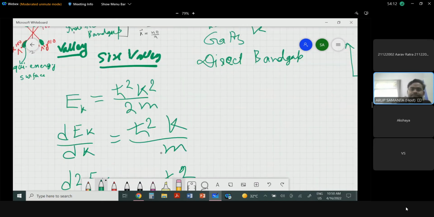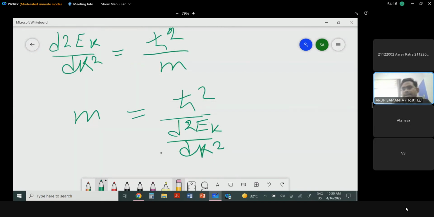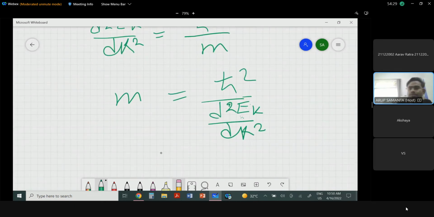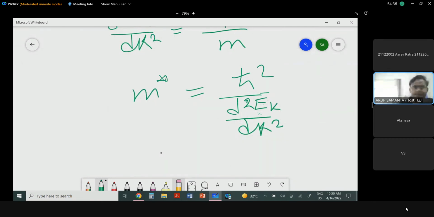This second derivative, d2E/dk2, is h-bar squared divided by this mass, but it depends on the energy along the k value. That's why this type of mass is not exactly your particle mass or free electron mass. This mass is called the effective mass.